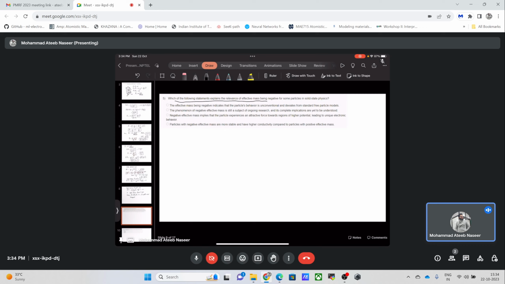Because we are more oriented towards classical mechanics, that's what we have been going through since the seventh or eighth standard, we have this conceptualization of classical mechanics.